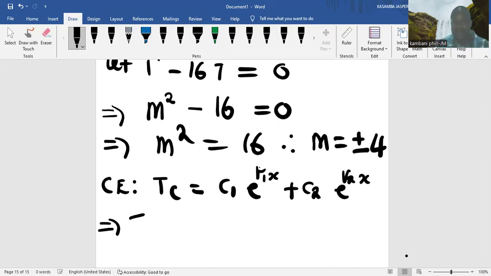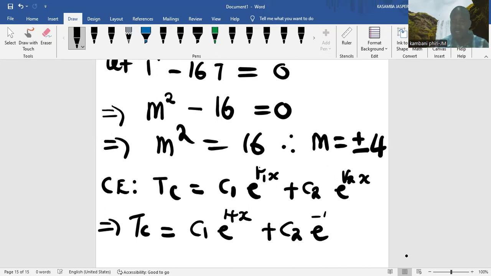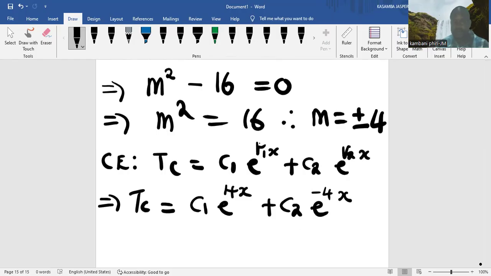This implies that TC is equal to C1 e^(4x) plus C2 e^(negative 4x). This is what we have.